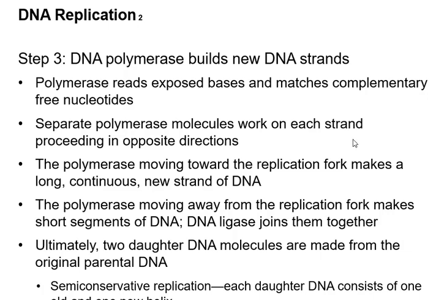You're going to have the 2 strands separated. The A's and C's and T's and G's will come in a complementary fashion, and you're going to make 2 new strands. Now, you don't make it all in one chunk. You make it in pieces, and then you have an enzyme called ligase that puts the pieces together.